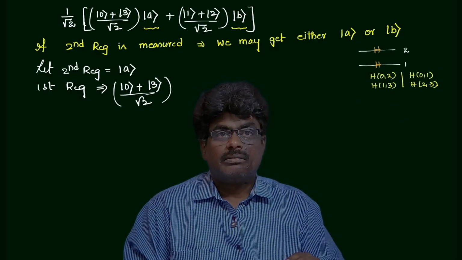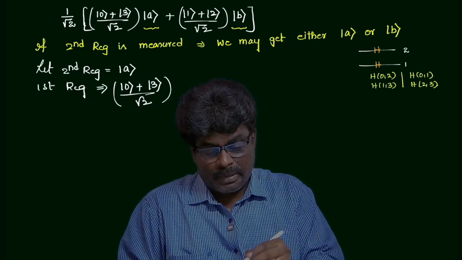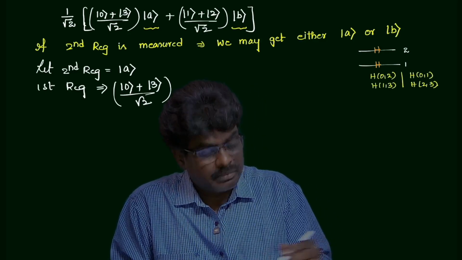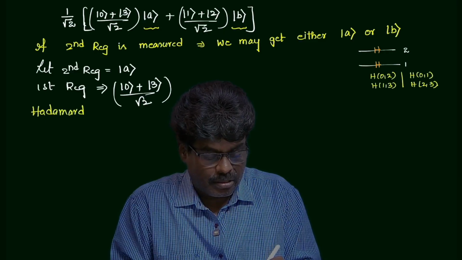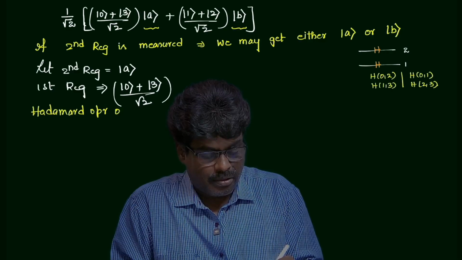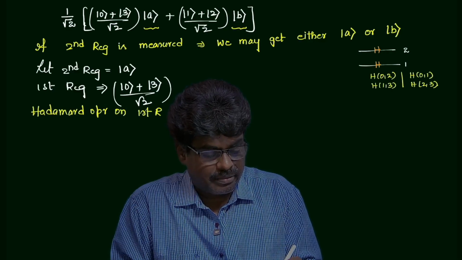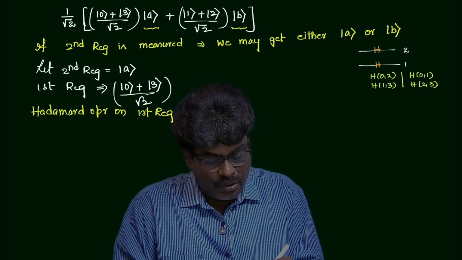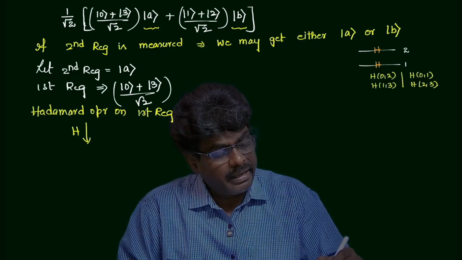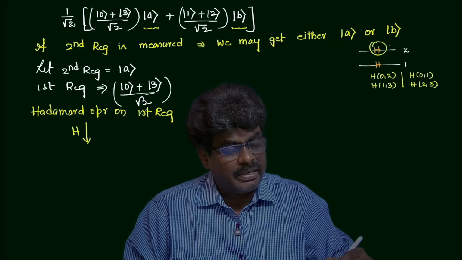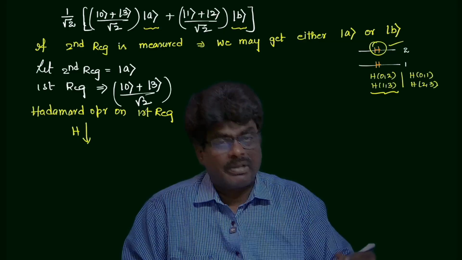Now let us operate this Hadamard operation on the first register. So what will we get? First I am operating the first Hadamard operator, any one. Let us suppose we operate this H, that means this one.